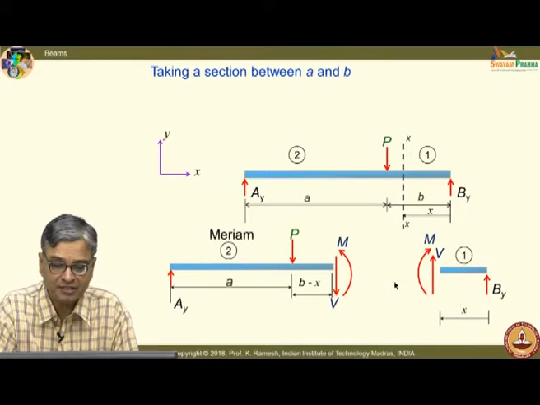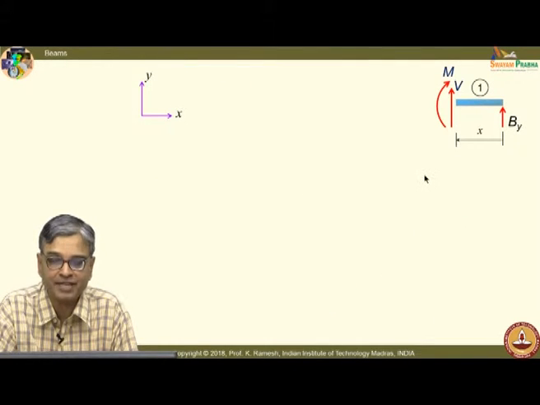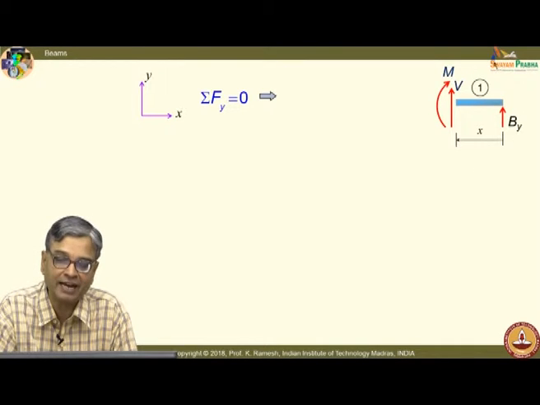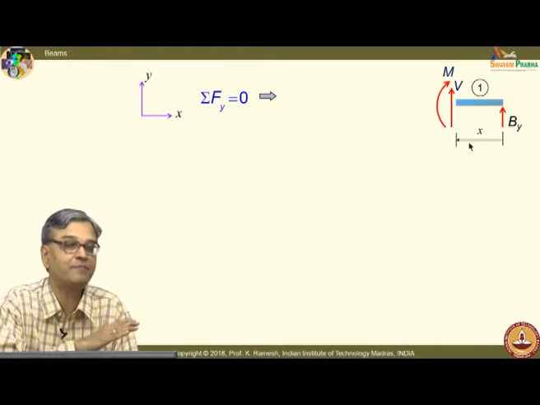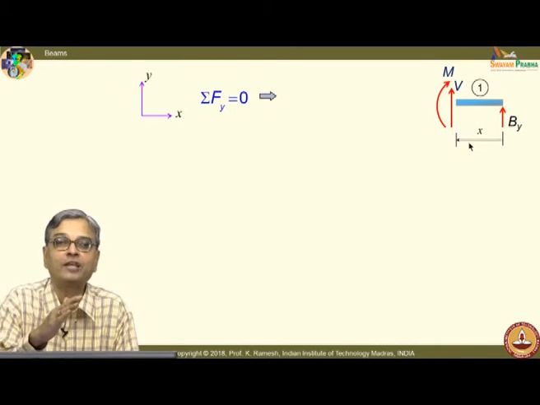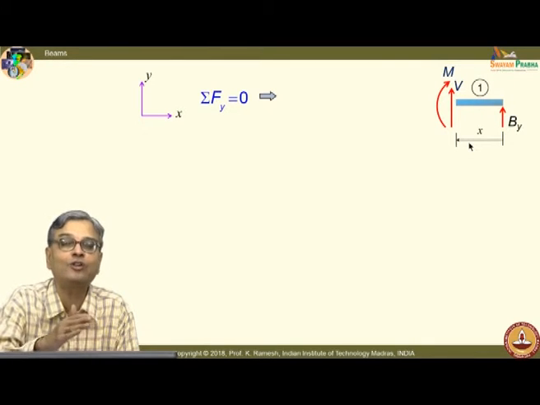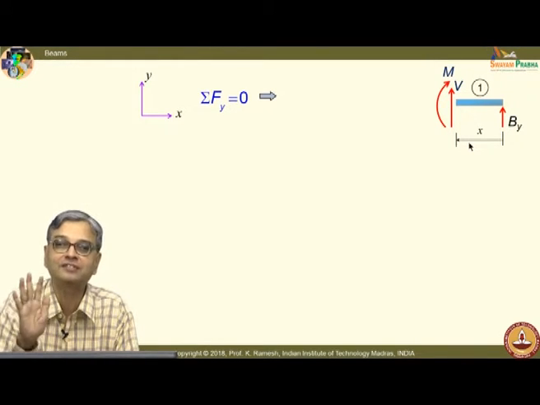But since we are learning it for the first time, to make ourselves convinced, we will get the results from analyzing segment 1 as well as segment 2, so that you make sure that whether you take the long winding route or the shortest route, the results are the same.